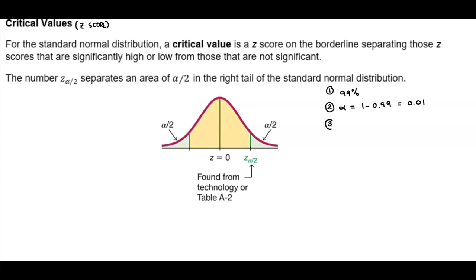Then we're going to take alpha and divide that by 2. So we get alpha to be 0.01, and then we divide that by 2.